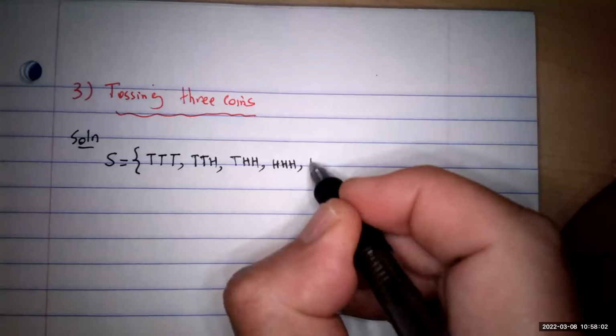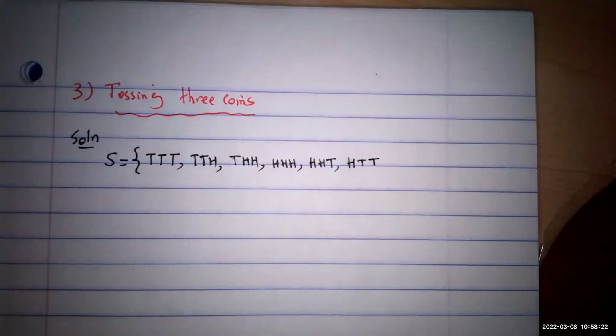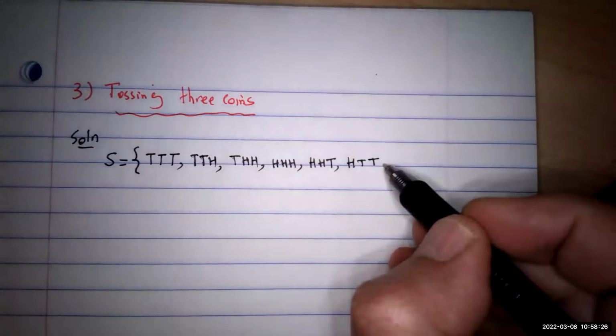Anything else? Somebody said head, tail, tail here. We have it. Head, tail, tail. Then anything else? Head, tail, head. So we have a head, tail, head. How many do we have? 1, 2, 3, 4, 5, 6, 7.